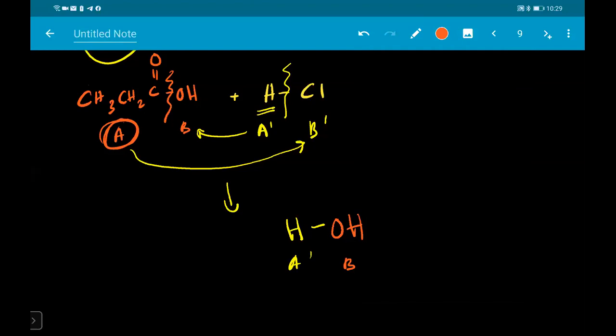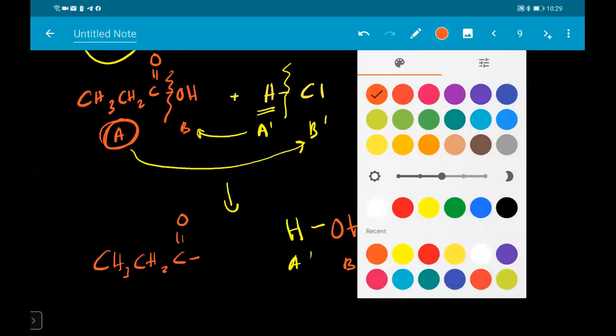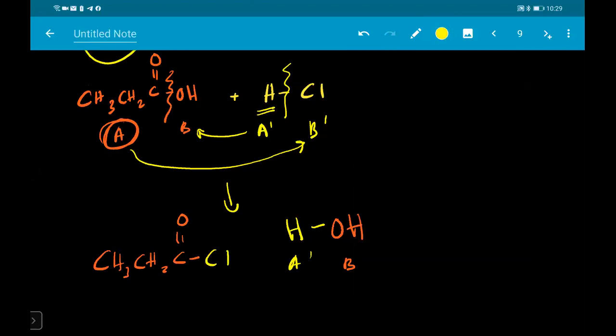Next, CH3, CH2, C double bond O will be combining with Cl.